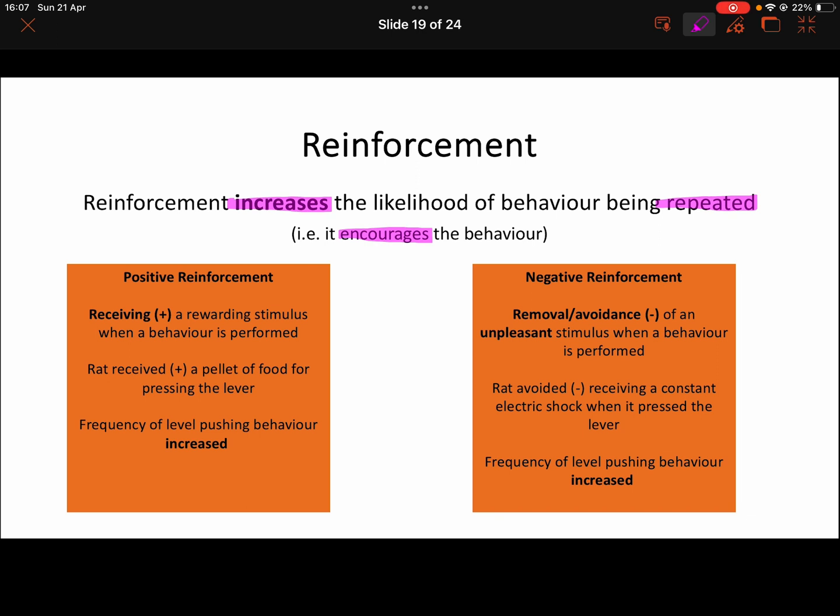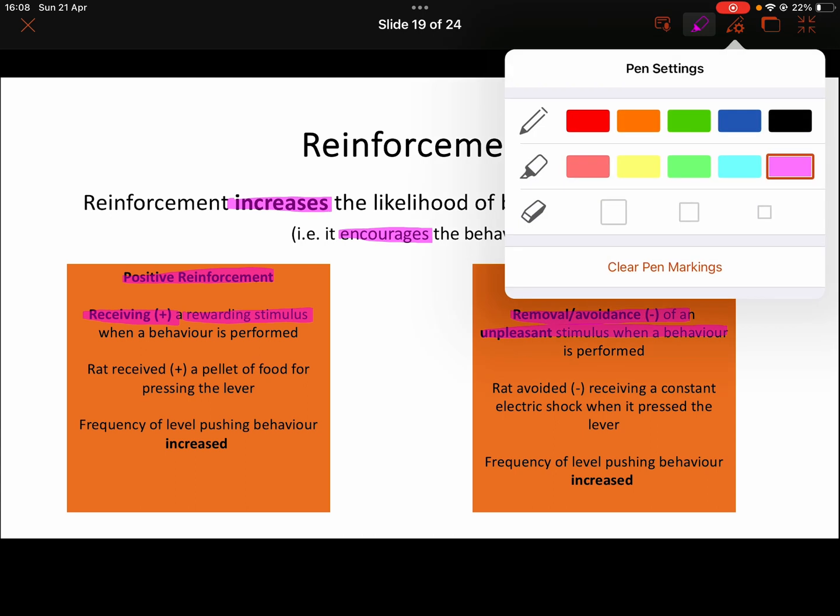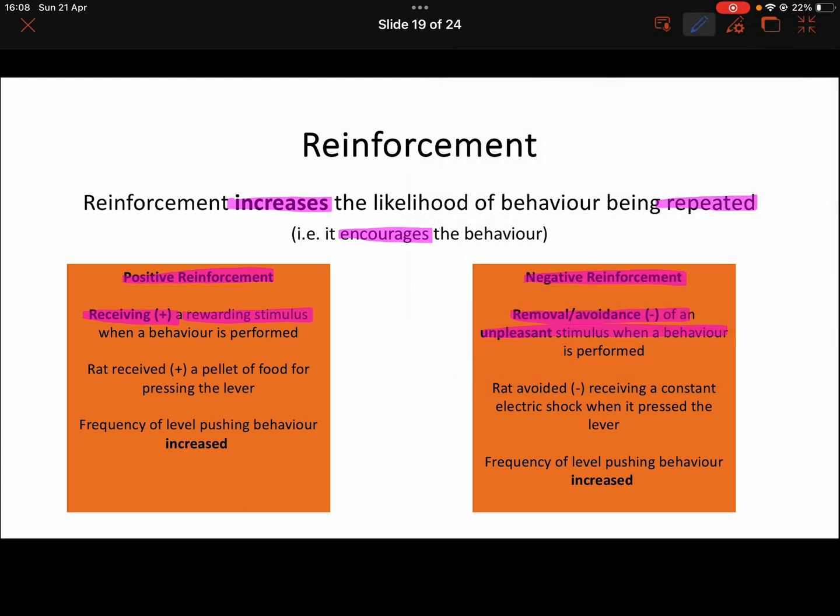Reinforcement encourages behaviour either by having the individual receive a rewarding stimulus in the case of positive reinforcement, or by removing an unpleasant stimulus in the case of negative reinforcement. So again, we think about these terms positive and negative in terms of receiving, adding, or removing, subtracting.